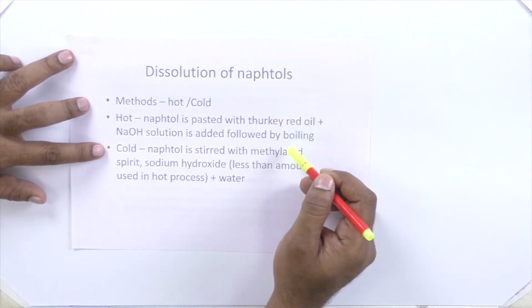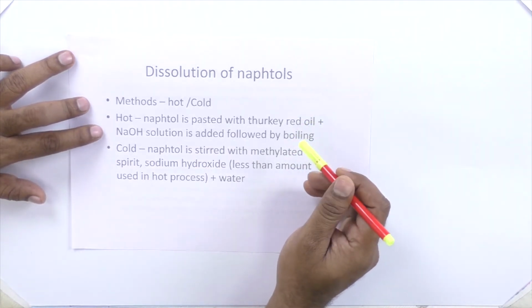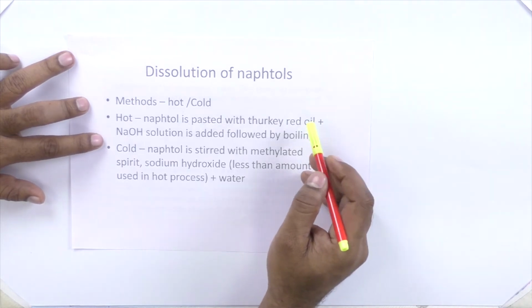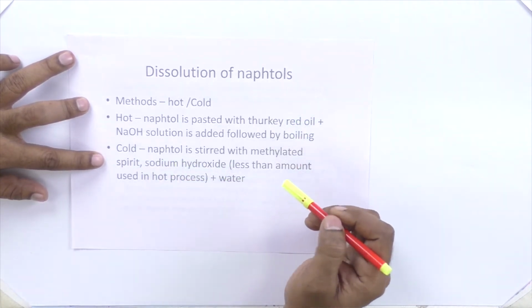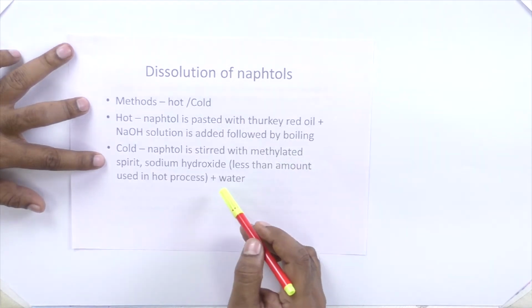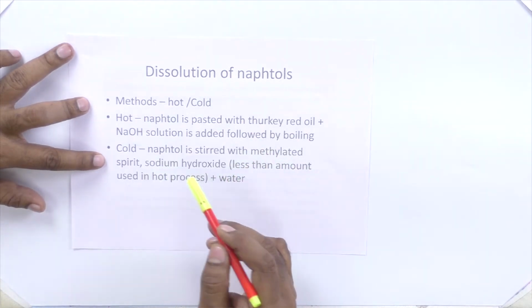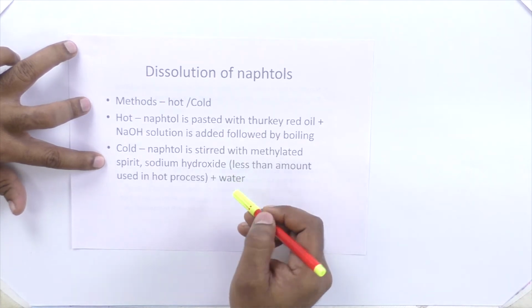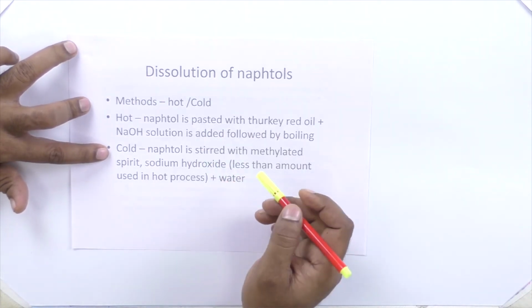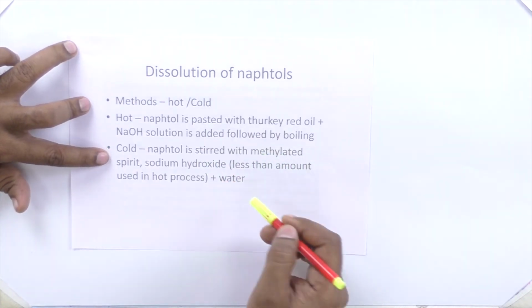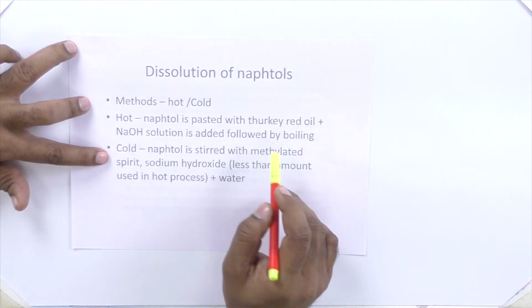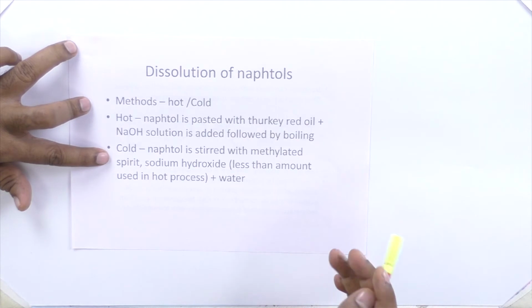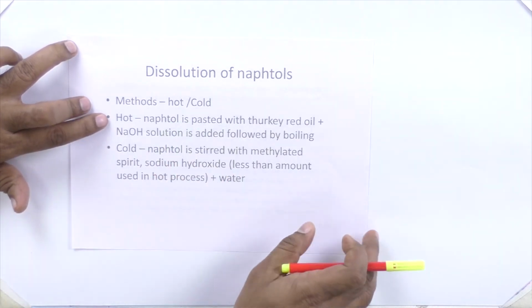So this method needs temperature to dissolve the naphthols. In the cold method, naphthols are stirred with methylated spirit and sodium hydroxide. We can reduce the amount of sodium hydroxide in the cold method because we are using methylated spirit, and you can do it at room temperature. Mostly the hot method is preferred for dissolution of naphthol.